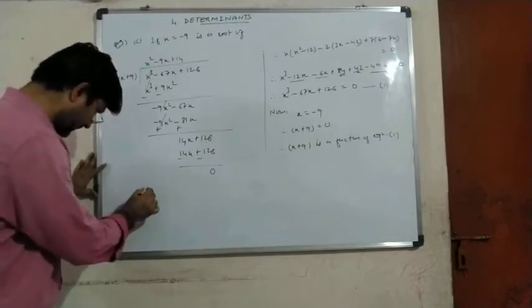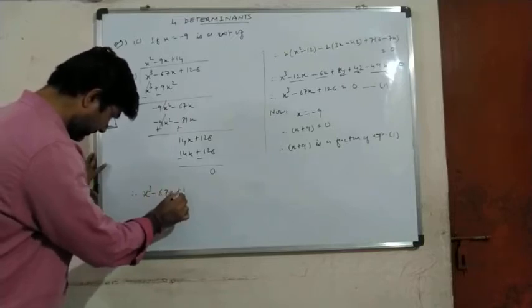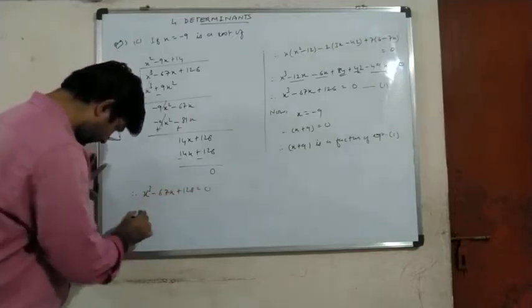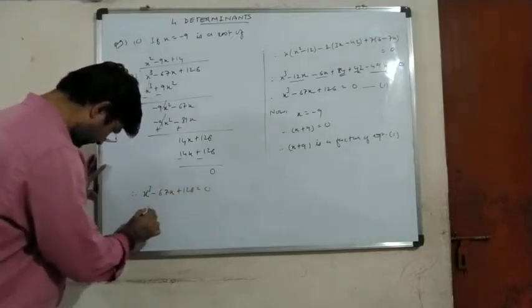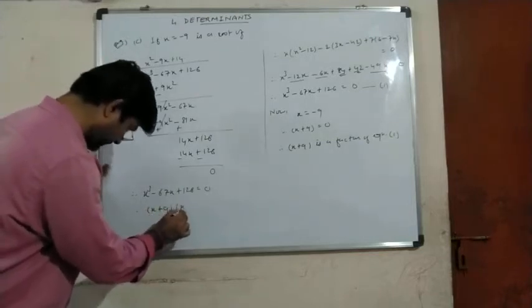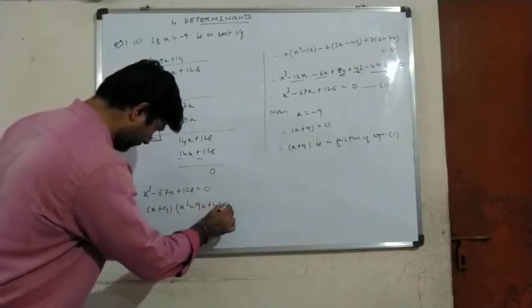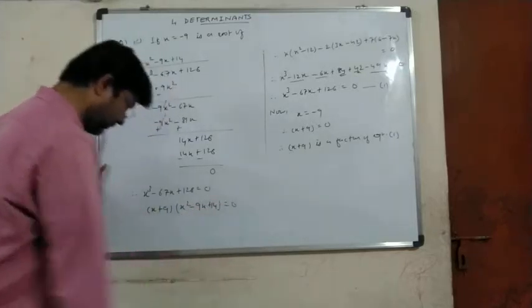Therefore x cube minus 67x plus 126 is equal to 0 can be written as x plus 9 into x square minus 9x plus 14 is equal to 0.